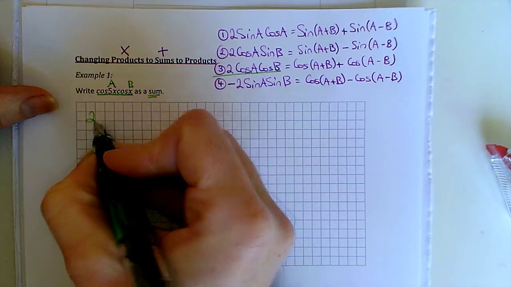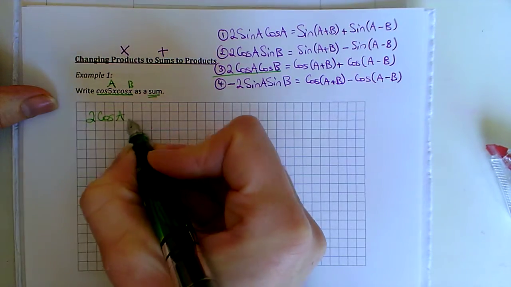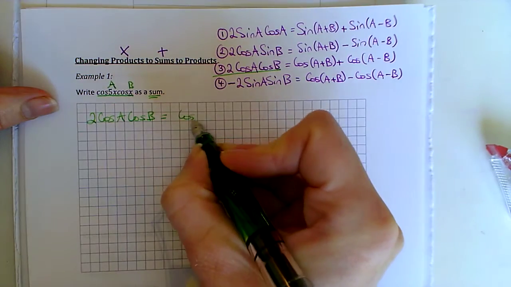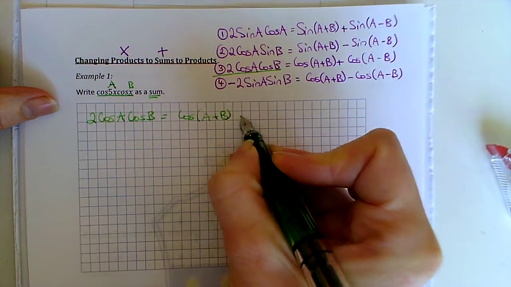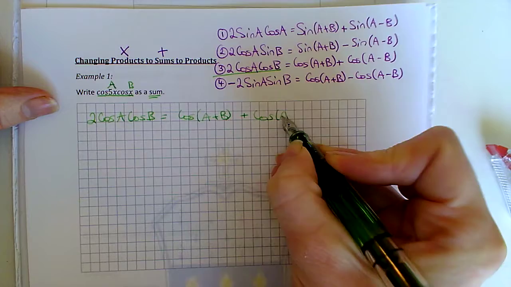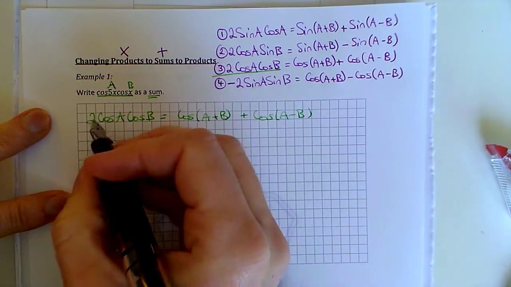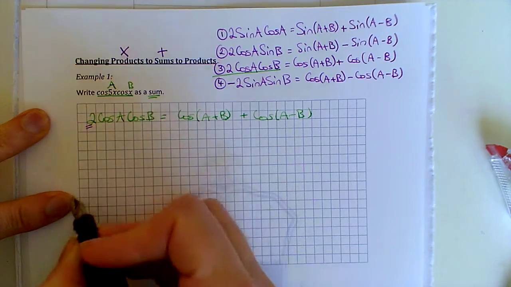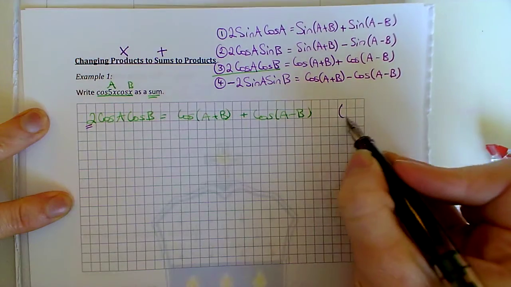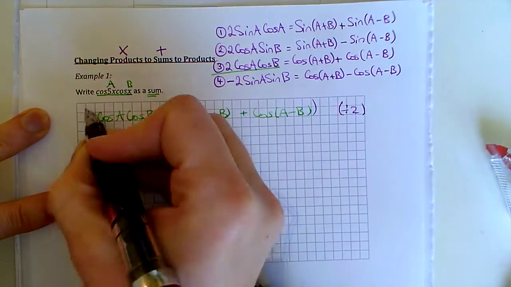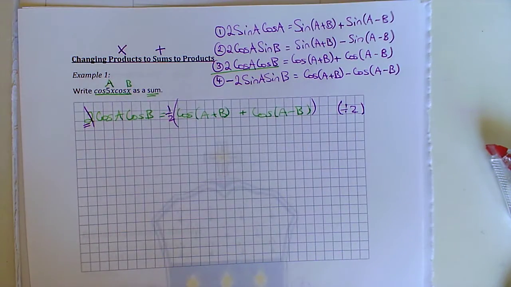So I'm going to use the fact that 2 times cosine A cosine B is equal to cosine of the two angles added together plus cosine of the two angles subtracted. But now I've got a problem. What do I do about this 2? Well, I just divide across by 2, and I'm going to have a half outside of my formula like that.